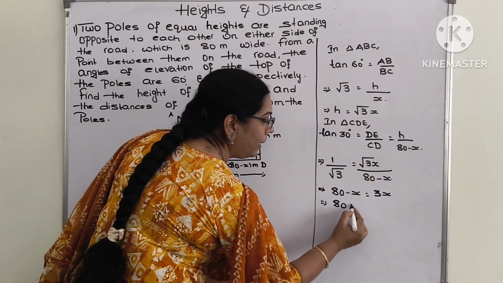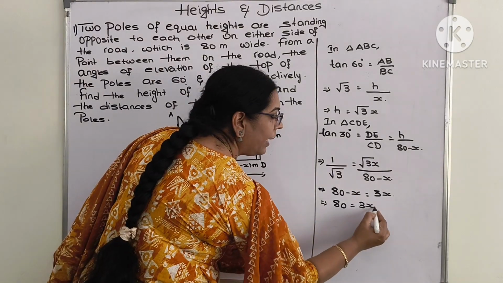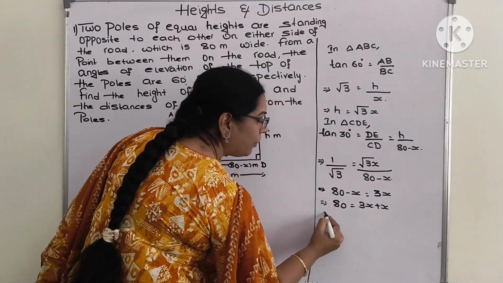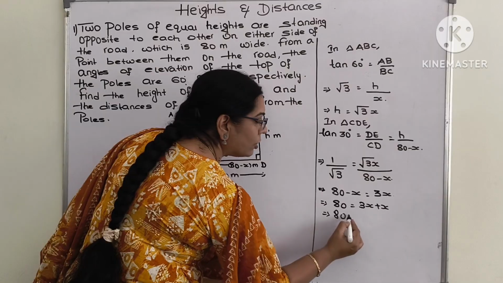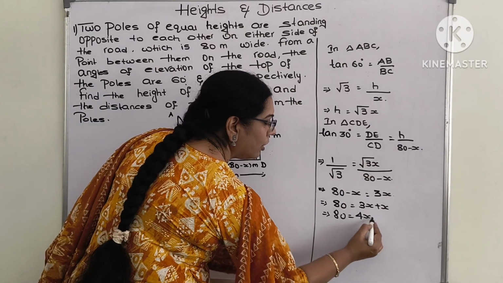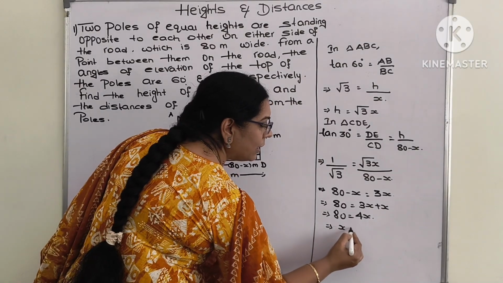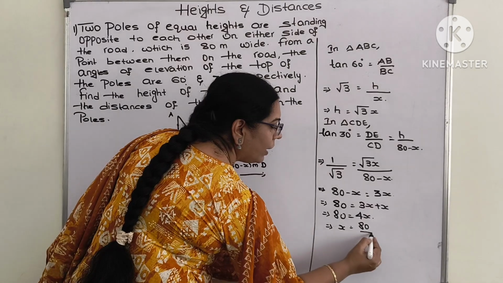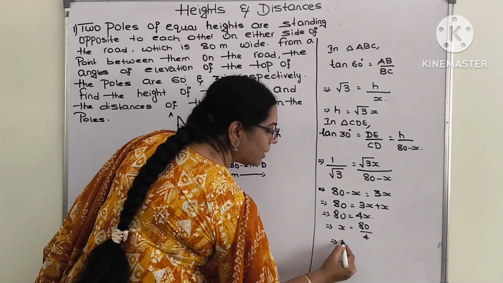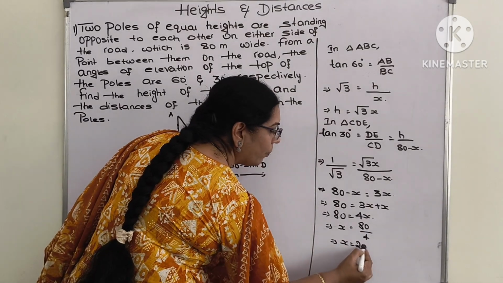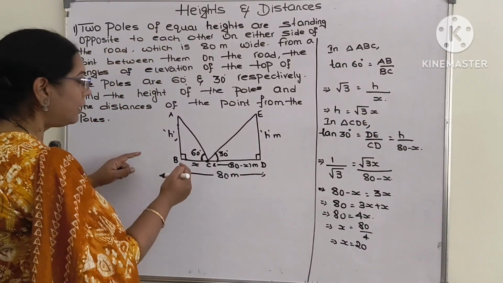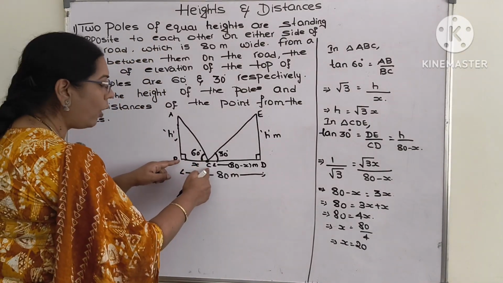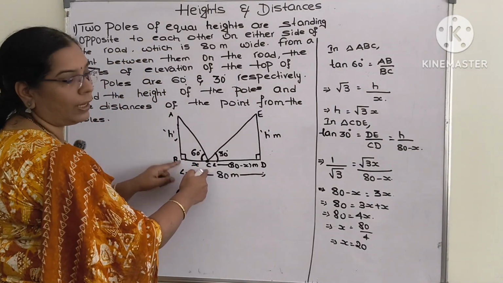It will become 80 is equal to 3x plus x. What does it mean? 80 is equal to 4x. That implies x is equal to 80 divided by 4, which implies x is equal to 20. Now what is x? The distance from the point to the pole AB.